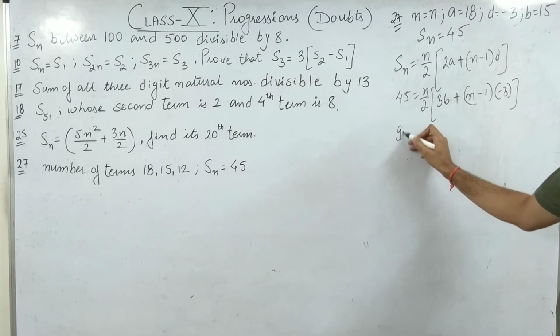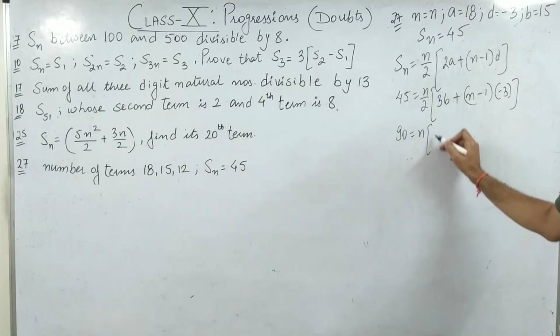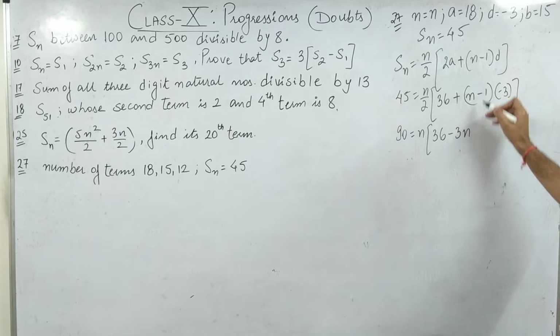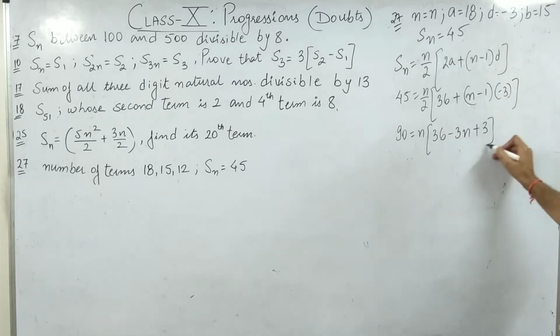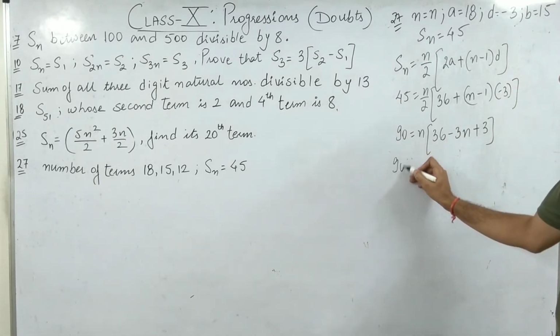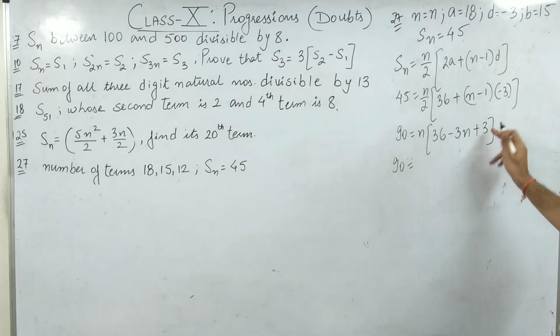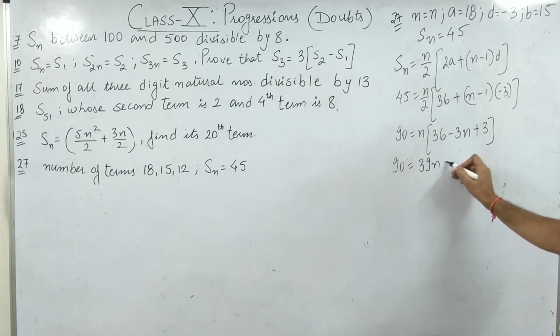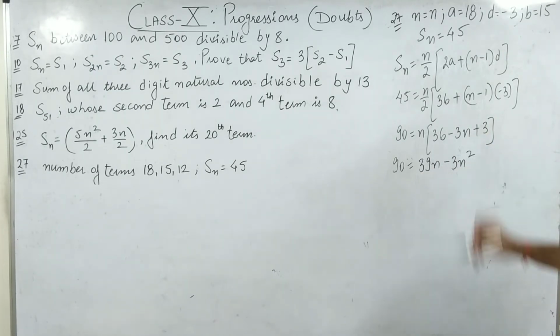Then it is going to be 90, equal to n bracket 36 minus 3n plus 3, so 90 should be equal to n(39 minus 3n), that is 39n minus 3n square.